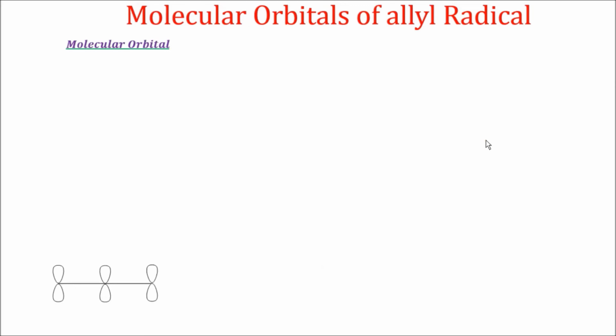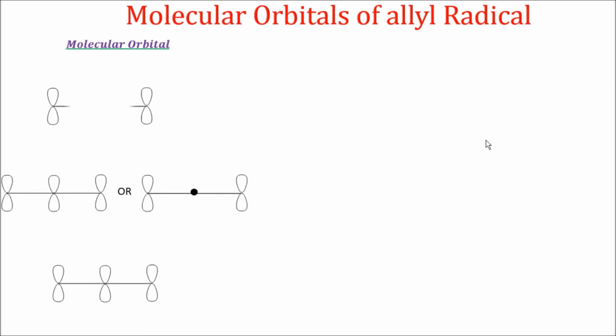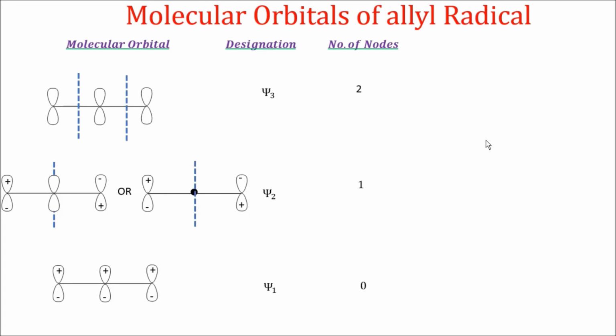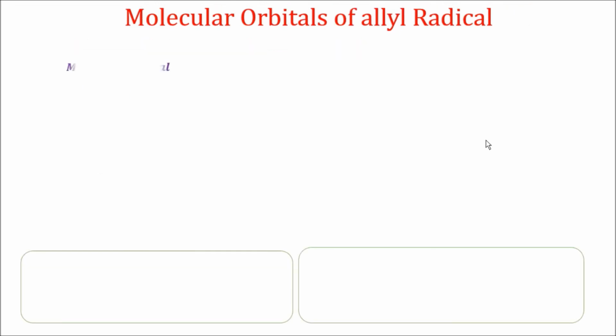You see the molecular orbitals, we will draw them similar to allyl cation, and the symmetrical properties are also the same, but the electronic configuration will be different. For the ground state electronic configuration, we have 3 pi electrons, therefore Psi1 is filled with 2 electrons and Psi2 is filled with 1 electron.